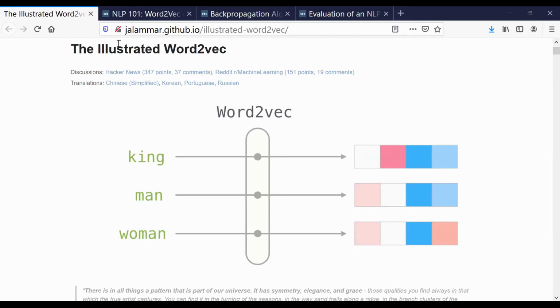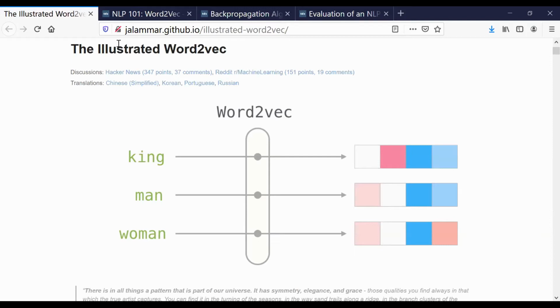What do you want? I've mentioned it before, the sort of word algebra. I want to turn the word king into, in this case, 4 numbers. In reality, it's actually 300. Turn the word king into 4 numbers, man into 4 numbers, woman into 4 numbers, in such a way that I can do something like this.